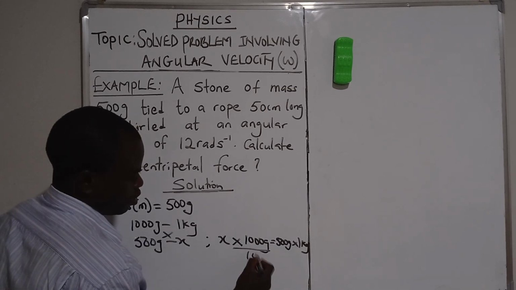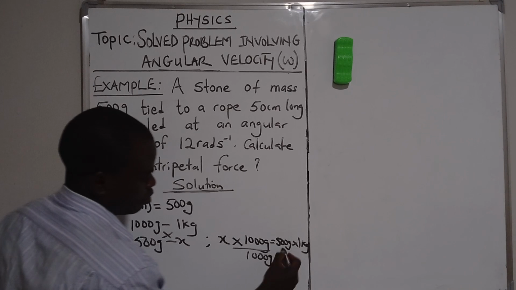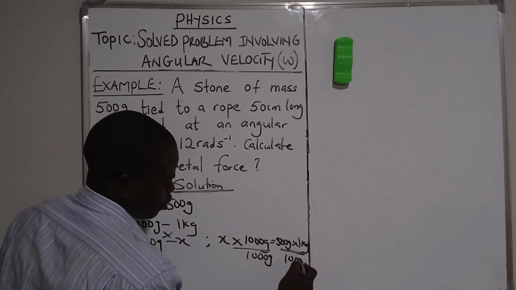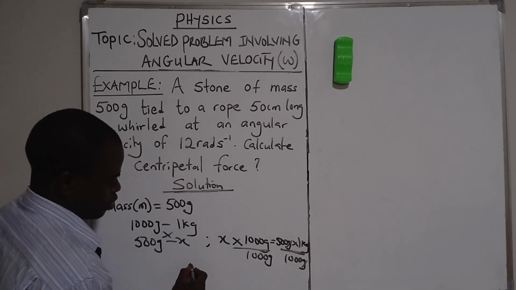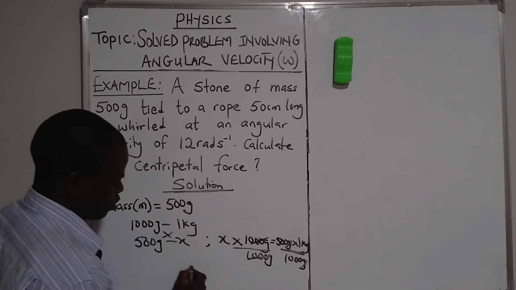Divide both sides by 1000 gram to look for your X. Gram cancels gram, you're left with kilogram. Now your X is 1000 gram, cancel 1000 gram.